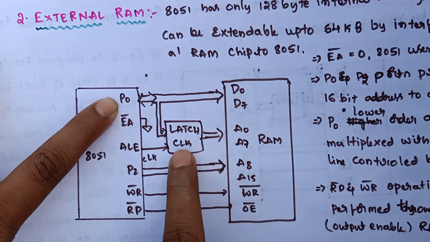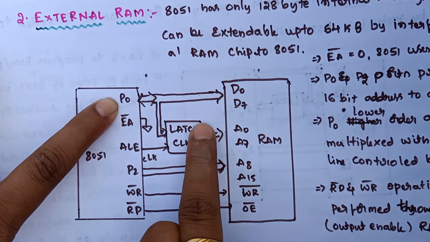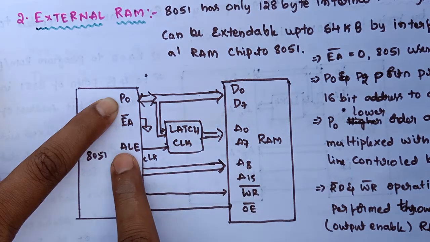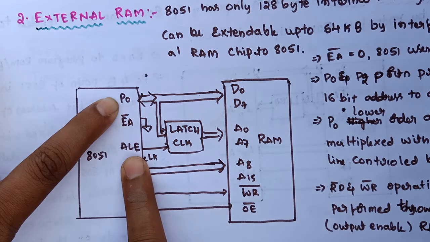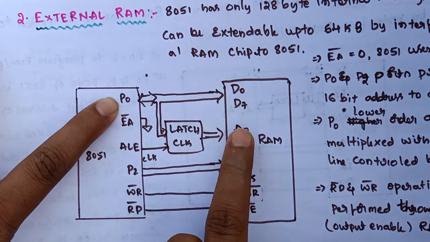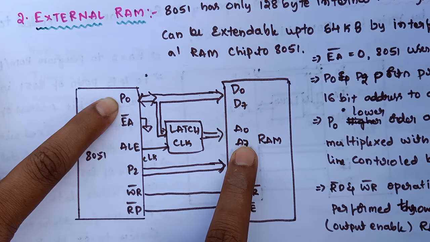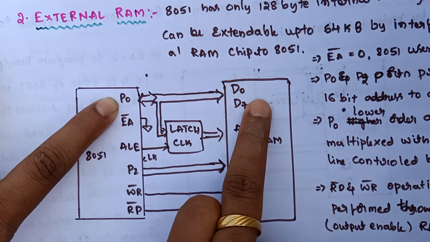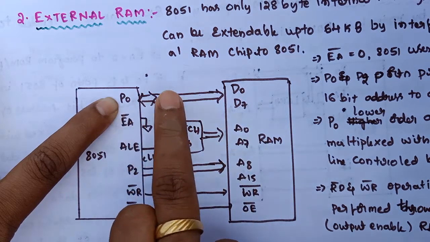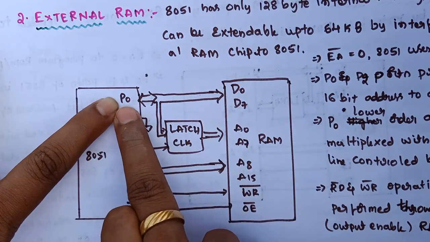Here is the latch circuit, controlled by one control pin, the address latch enable pin. The address latch enable pin is used to latch the lower order address during the communication of data from microcontroller to RAM, or RAM to 8051.